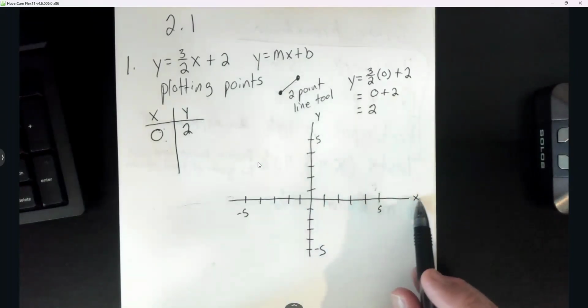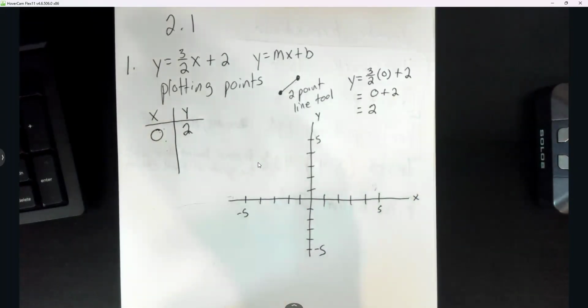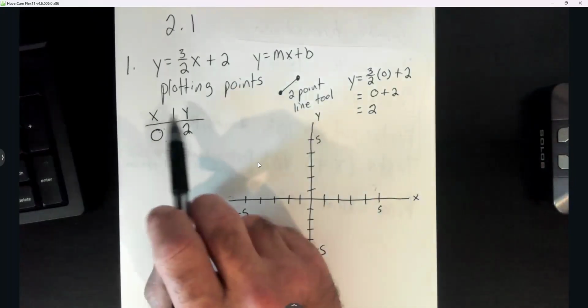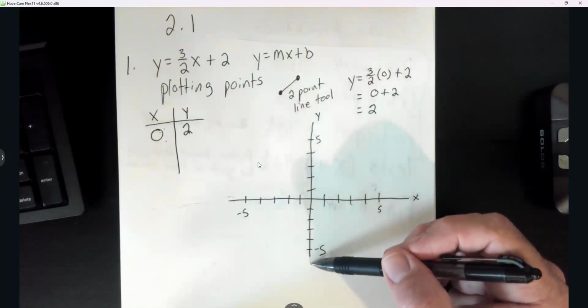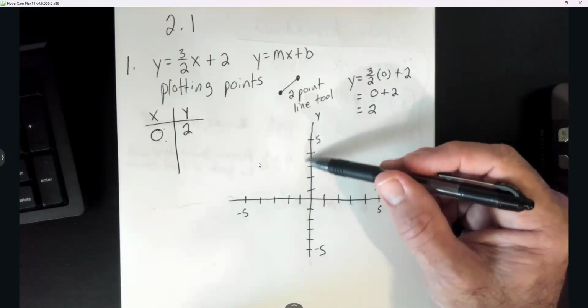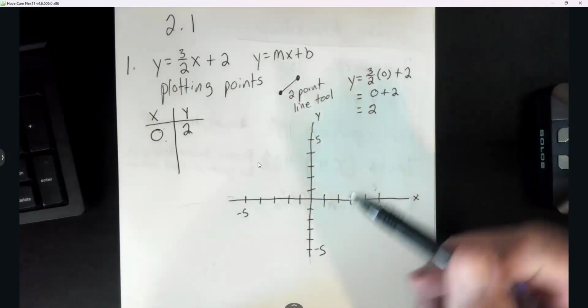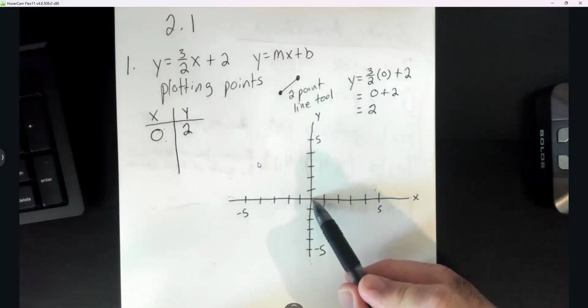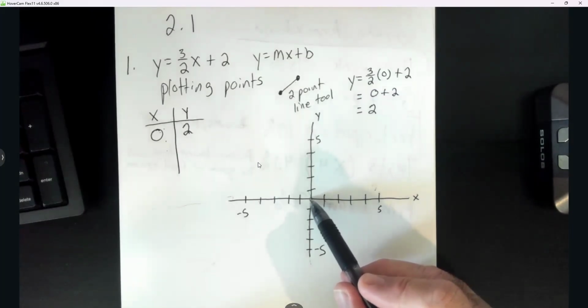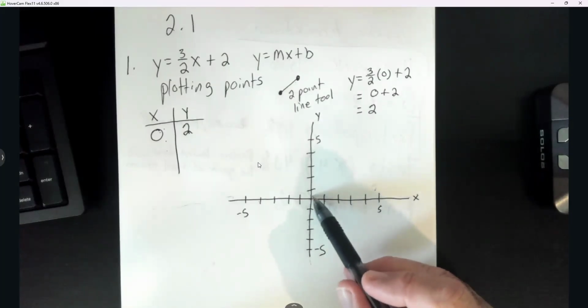And then the right, you're going to keep getting positive towards positive infinity. Now the y variable goes downward if it's negative, and the y variable goes upward if it's positive. And 0 for the y is right in this center here. This is what we call the origin of the graph where they intersect. And that's the 0 point for both lines here, okay?